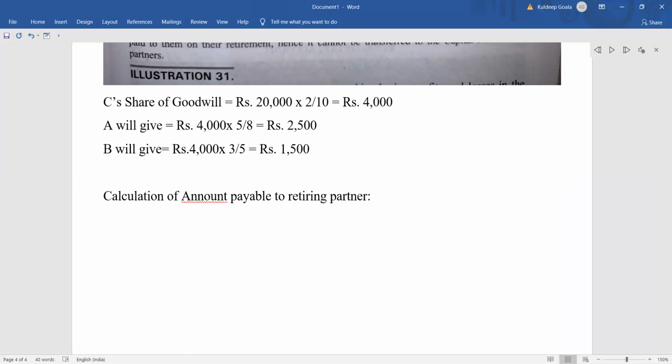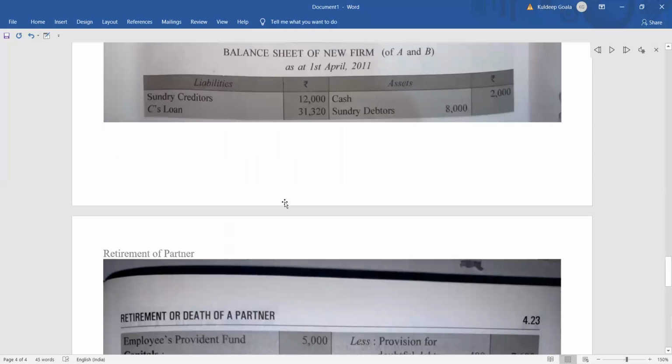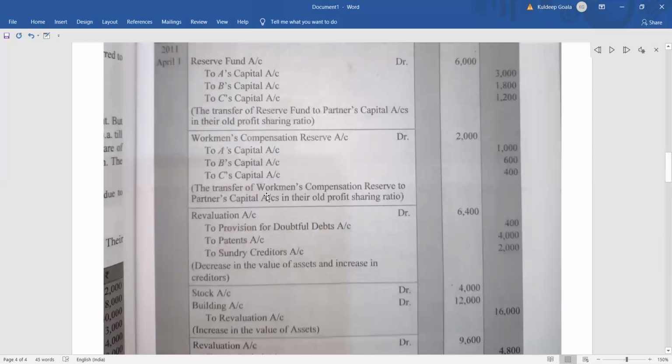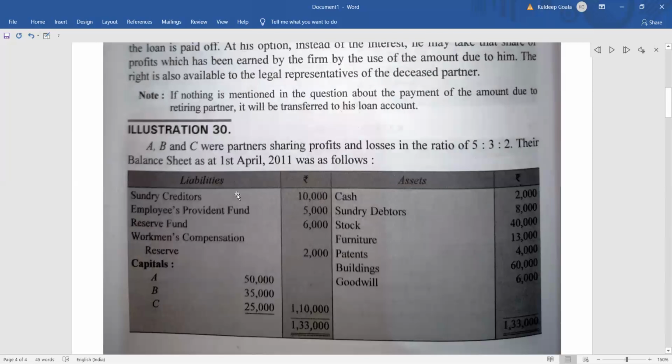Okay, clear? So first of all, whatever balance is there, balance of capital, how much are we having here? Just try to find out here.